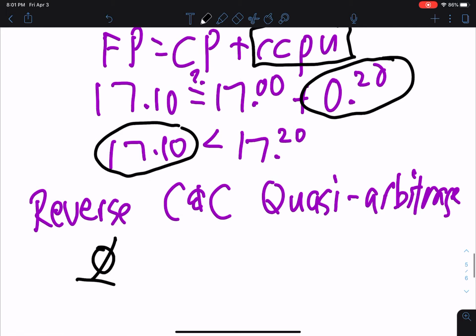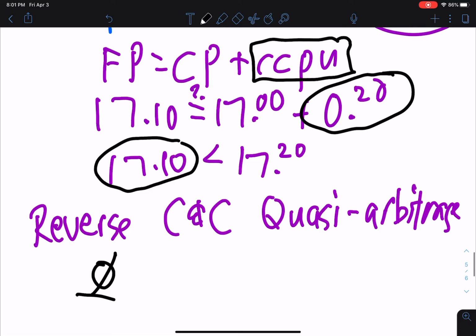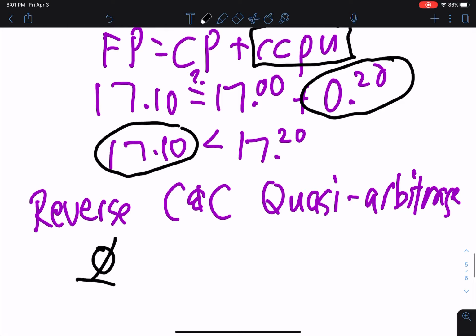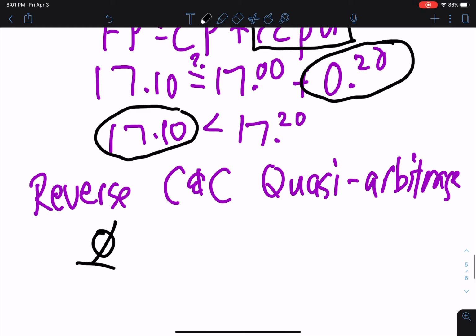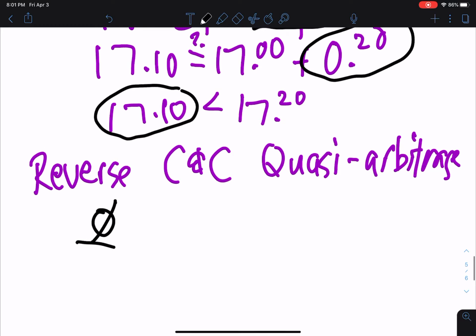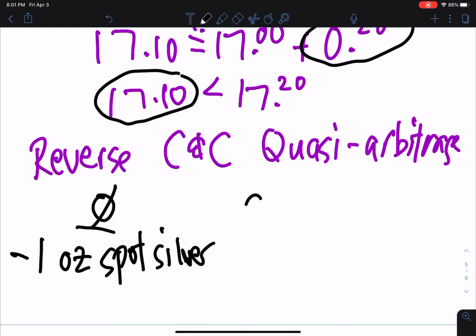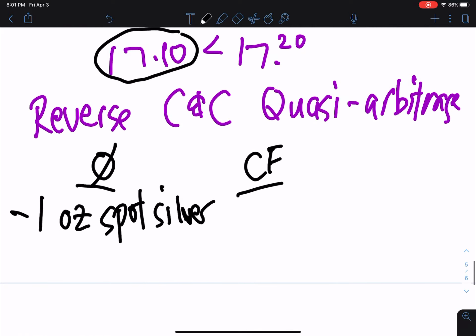So what do we do in arbitrage? Well, we're doing something in the spot asset, and we're doing something with the futures contract. Futures arbitrage, this is. And so we're going to buy the underpriced and sell the overpriced. So what's overpriced is the spot asset. So we're going to go short 1 ounce of spot silver. And then what's the cash flow associated with doing that?